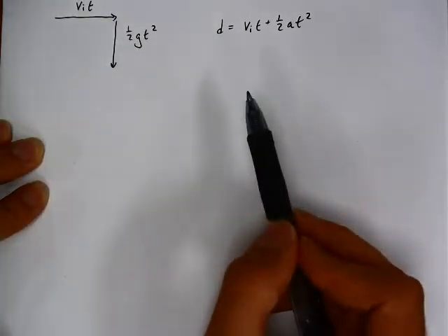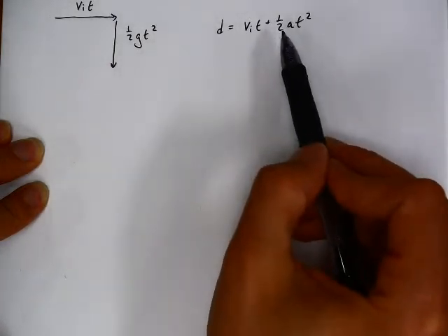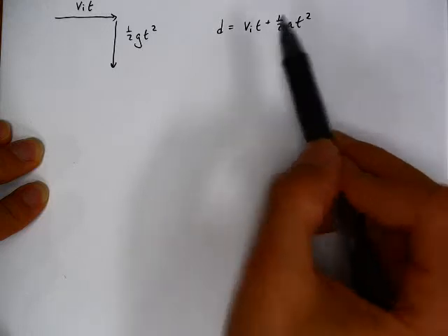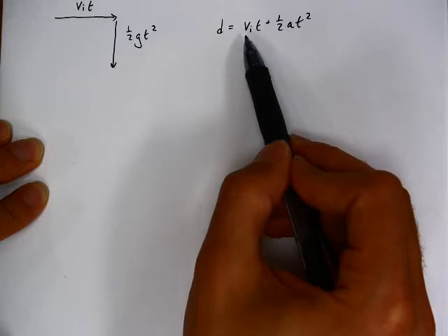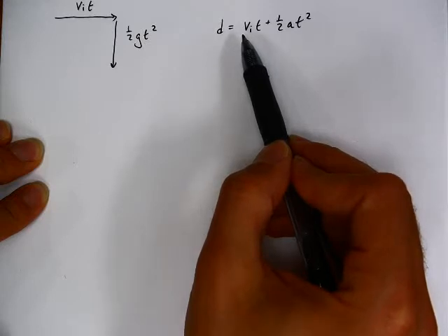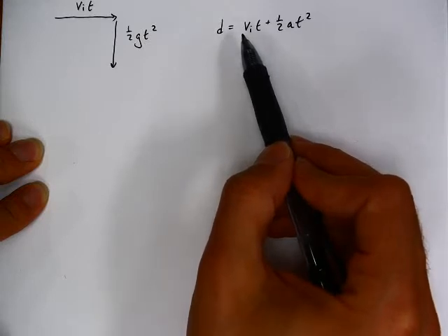In the vertical direction, we do have an acceleration. It's 9.8 meters per second squared downward. But our initial velocity is 0 in the vertical direction. The object is not launched forcefully downward. It basically starts from rest in a vertical direction.